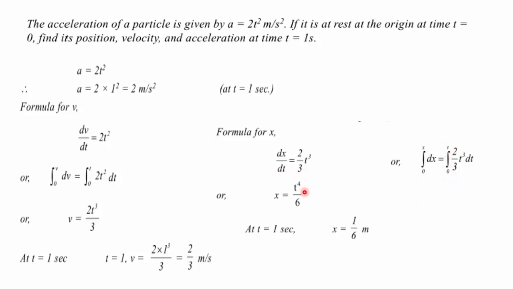So I get the position x equal to t to the power of 4 by 6. So this is as a function of time. If I substitute t equal to 1 second, I will get the position at t equal to 1 second as 1/6 meter. So we come to the end of this lecture.